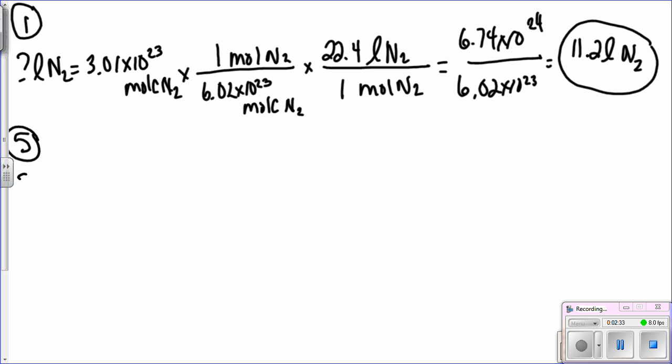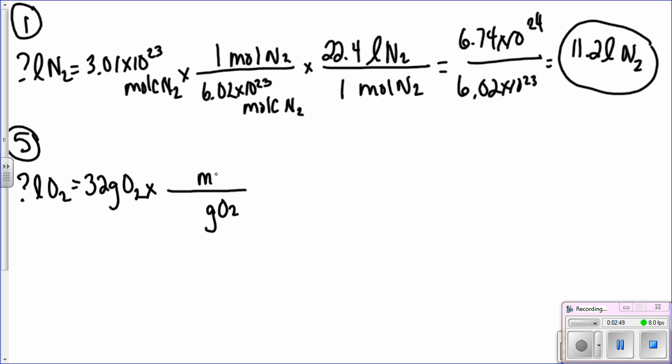Number 5 wants to know what is the volume, or how many liters of oxygen gas if we have 32 grams of oxygen. So this time we're going to put the mass down here in the bottom, and our moles of oxygen will go in the top. Oxygen has the mass of 16. Since there are 2 oxygen, our mass is 32 here, and we'll put 1 here because it's the same substance.